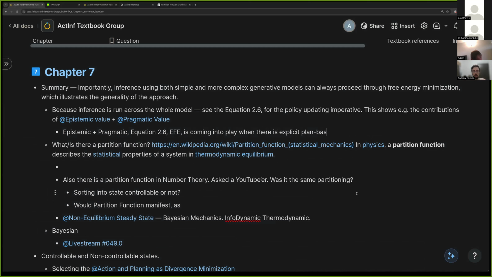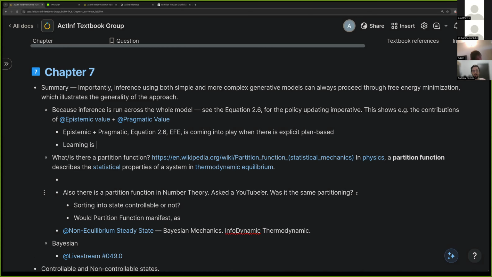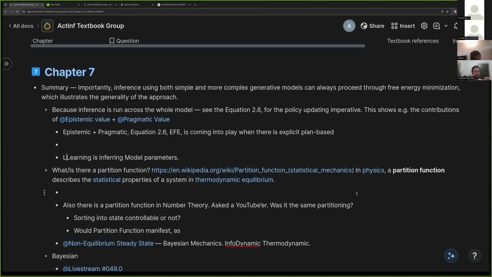Learning is inferring model parameter values, so the agent learns to adjust its own parameter values. It's also going to infer moment by moment states.